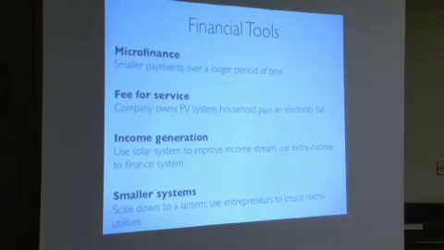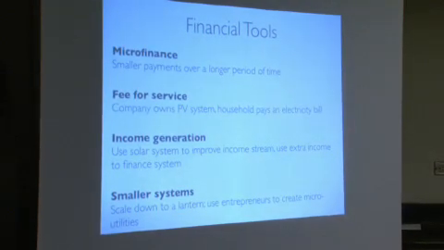With microfinance, you have smaller payments over a longer period of time. For fee for service, a company owns a PV system and a household pays the electric bill for it. For income generation, which we saw in the lighting lecture last week, people were using solar panels to generate income.